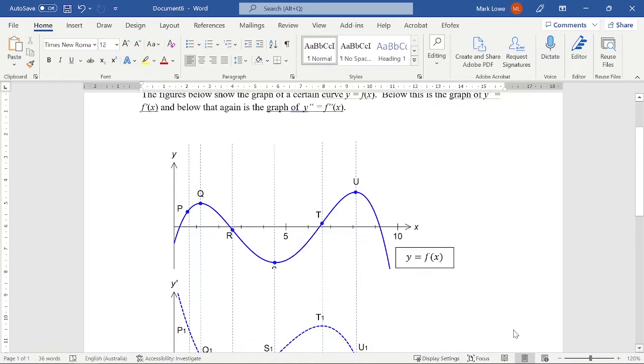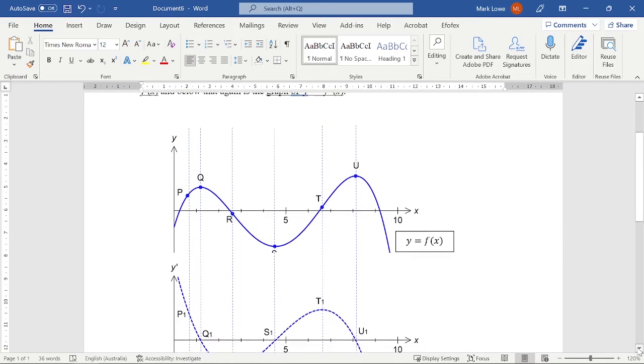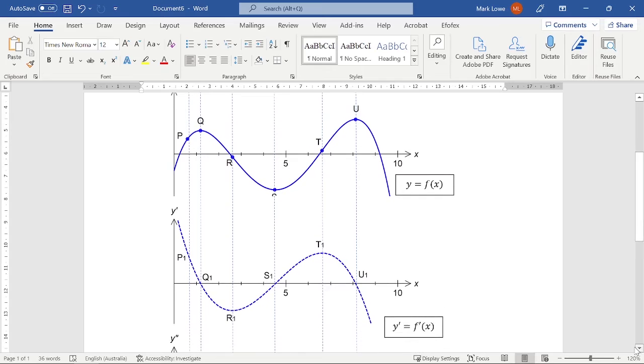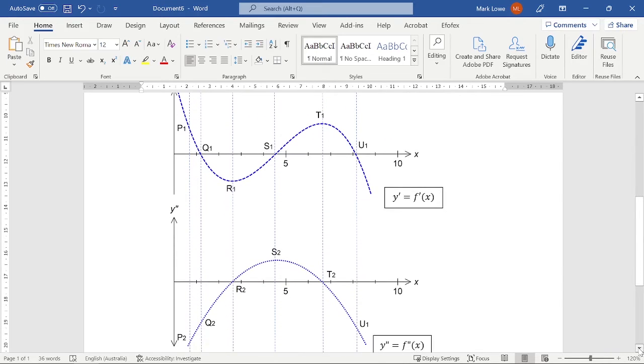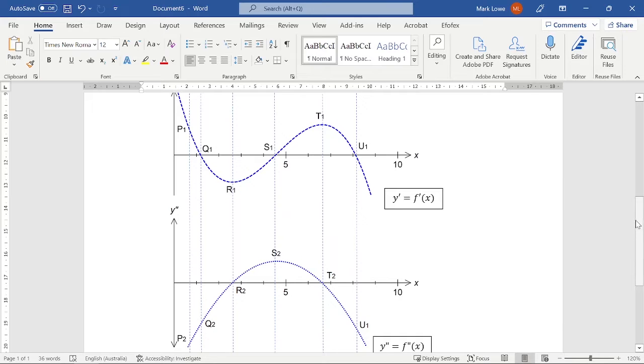The graph below that is the derivative, and it represents the gradient of that original function. So we've got a cubic, and below that is the second derivative, which is a quadratic. The second derivative describes the rate of change of the first derivative.